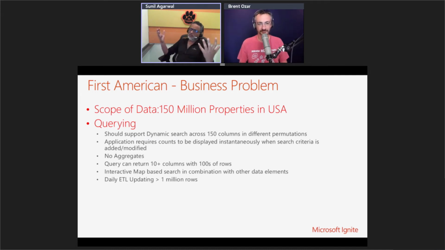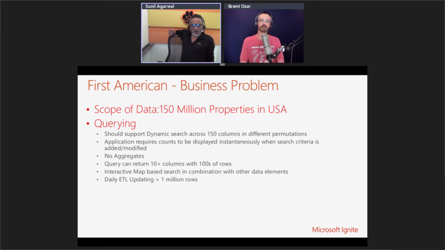Now, when you think about a data warehouse, this does not look like a data warehouse, right? Because you're not doing any aggregates, you are just doing selections with predicates. The other thing was their daily ETL was 1 million rows. You would wonder what is changing in the property and why. Well, think about this. Yearly, the tax is increasing.